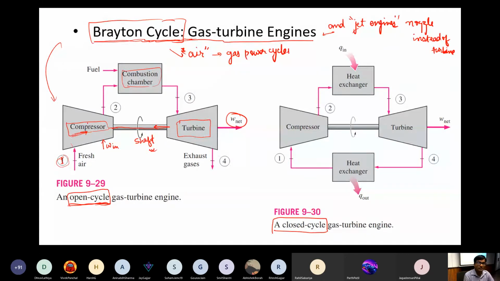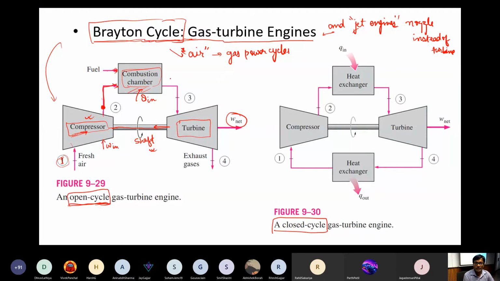Okay, now this compressed air is at high pressure and high temperature, not that high, but yes, after compressing you will get high temperature. So it reaches state 2. After 2, it is burnt with some fuel in the combustion chamber. So Q in is added to the gas that comes from 2.